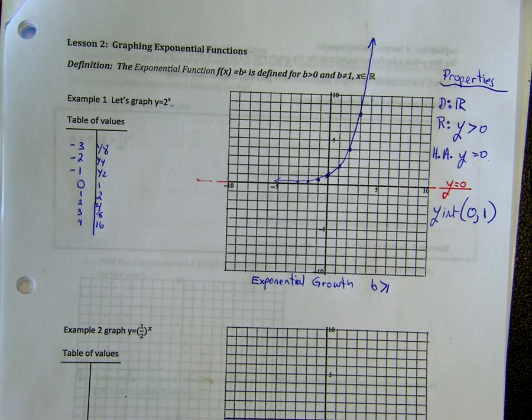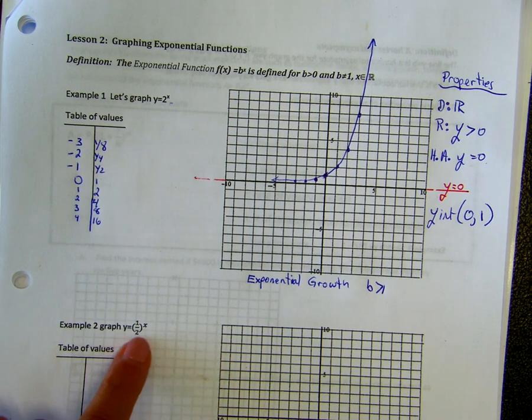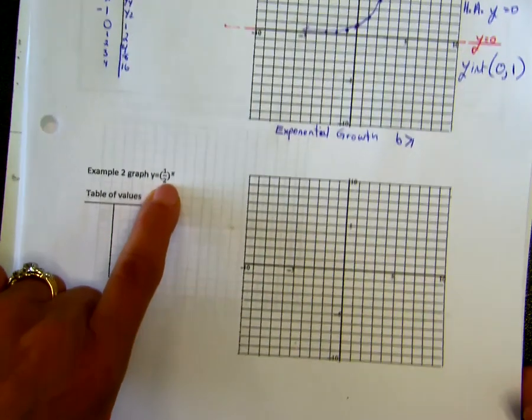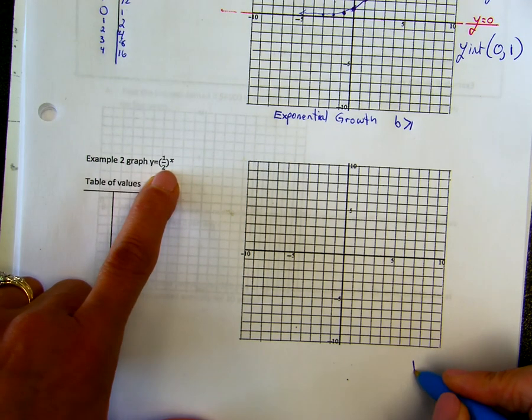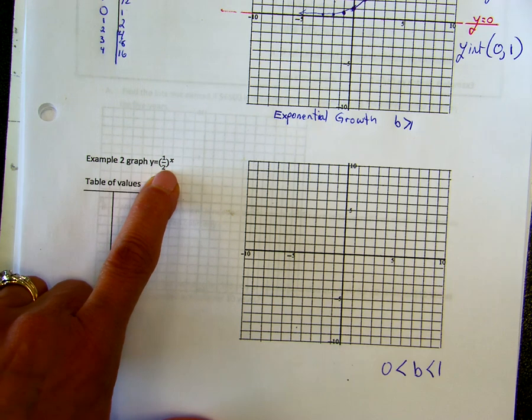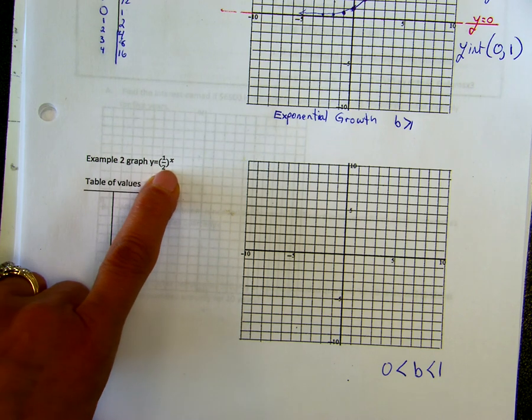Okay, the other graph that we're going to work with is what happens when you've got a base that's less than 1. And in fact, a little bit more particular than that, our base less than 1 but bigger than 0. Okay, so when we're doing exponential functions, we're never going to have a base of 1. We're never going to have a negative base. Okay.